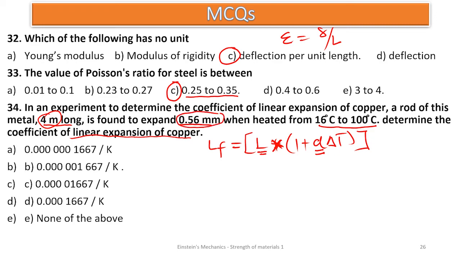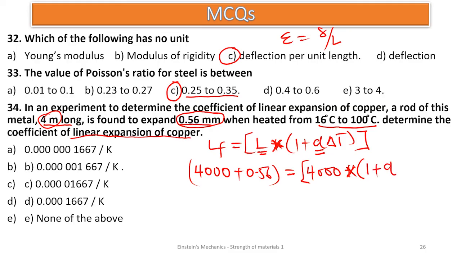So we have to convert the final length to 4,000 millimeters plus the expansion, which is 0.56 mm, should be equal to the normal length L, times 1 plus alpha, changing to that is 100 minus 16, right?